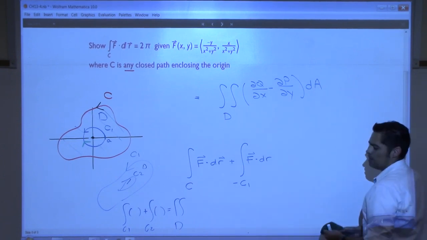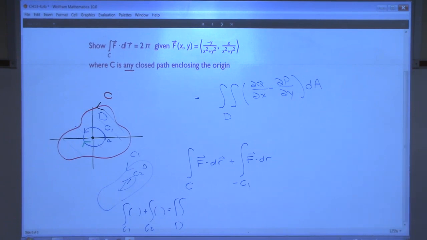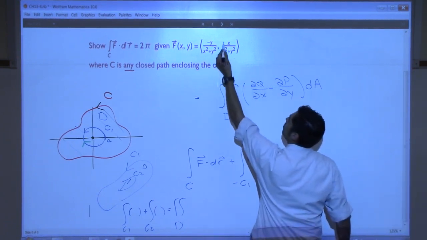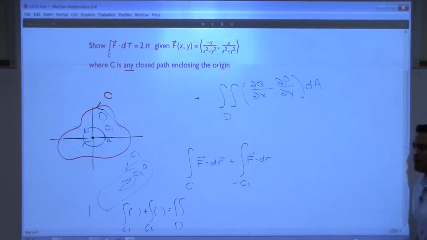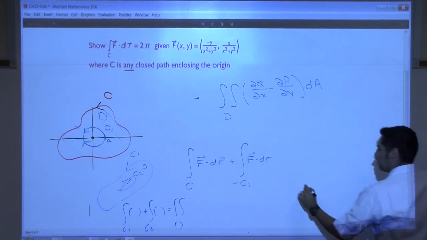This equals that. Can we do some partials real quick? What is the partial of q with respect to x? You have to do a quotient rule, don't you? So I'm going to do that right here.